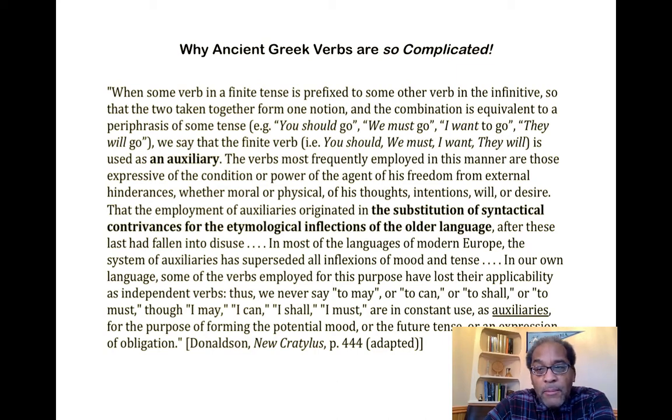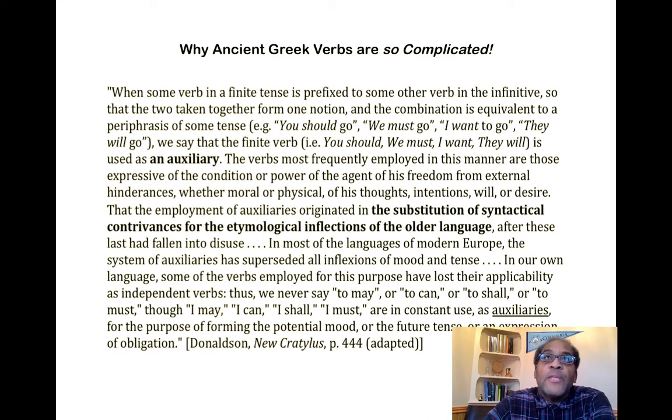This is the key idea, that you have these auxiliaries substituting for earlier etymological inflections, okay? In most of the languages of modern Europe, the system of auxiliaries has superseded all inflections of mood and tense.